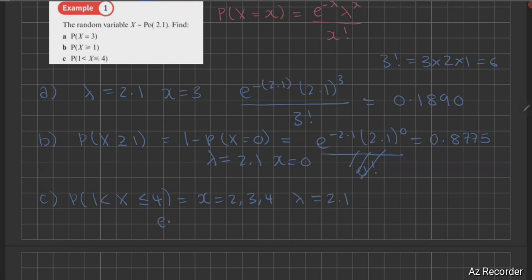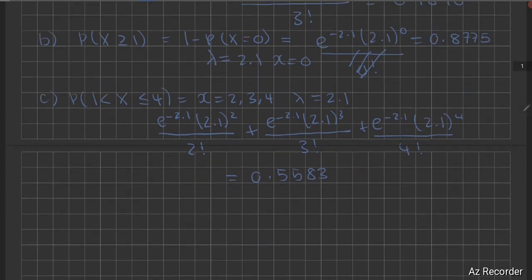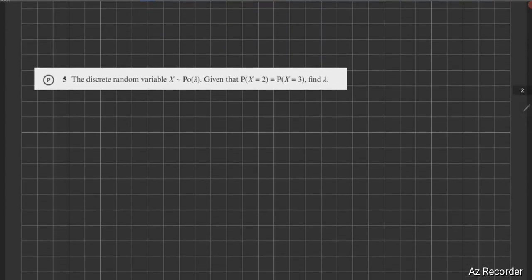So we'll have e to the minus 2.1, 2.1 squared all over 2 factorial, add e to the minus 2.1, 2.1 to the power of 3, all over 3 factorial, add e to the minus 2.1, 2.1 to the power of 4, all over 4 factorial, and from this we should get 0.5583.